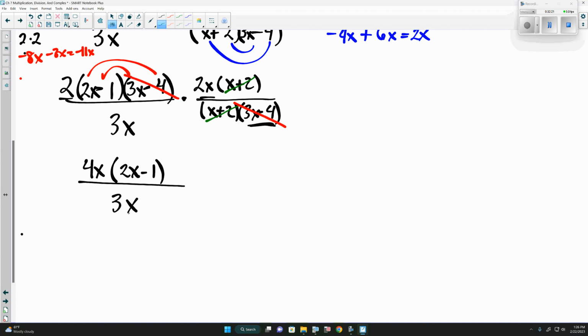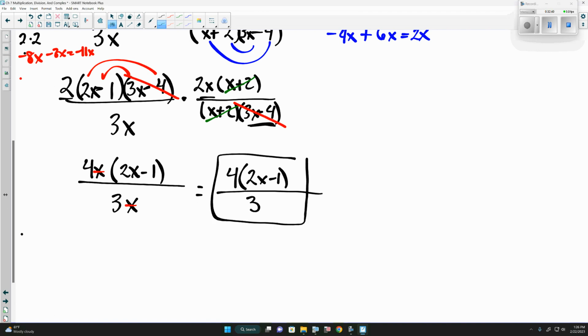Will the 4 over 3 reduce? No. We still have the 4, we still have the 3. Will the x over x reduce? x divided by x is? So they cancel out, leaving us with 4 times 2x minus 1 all over 3 is our final answer.